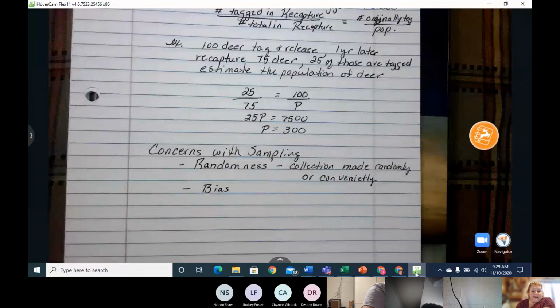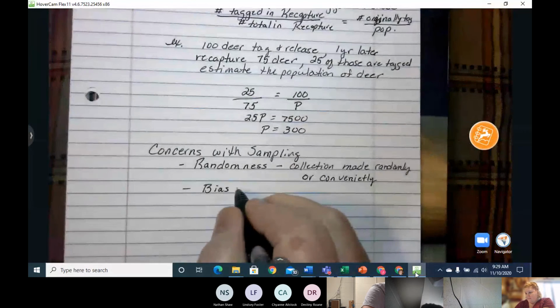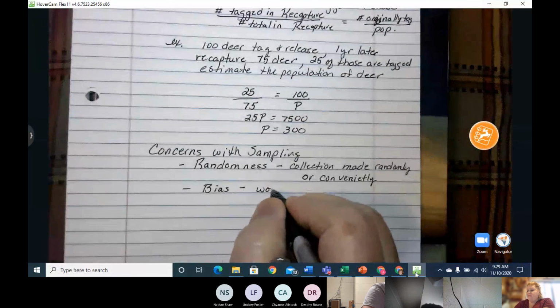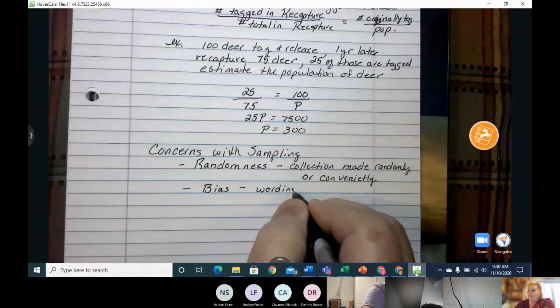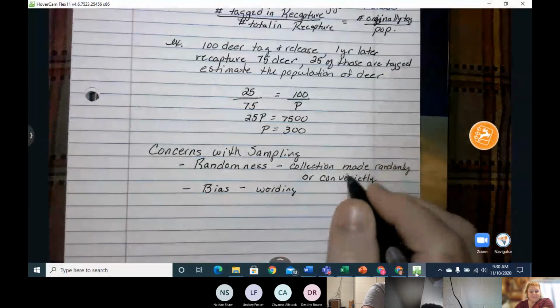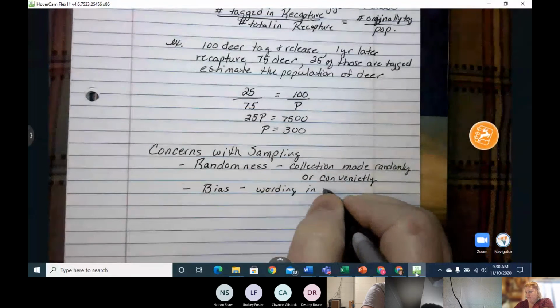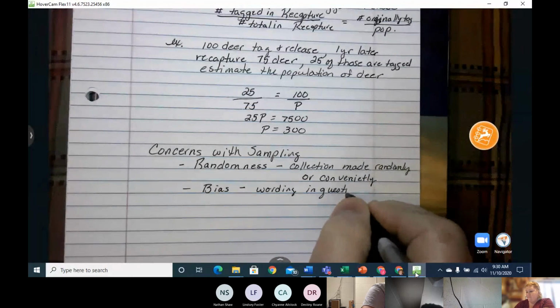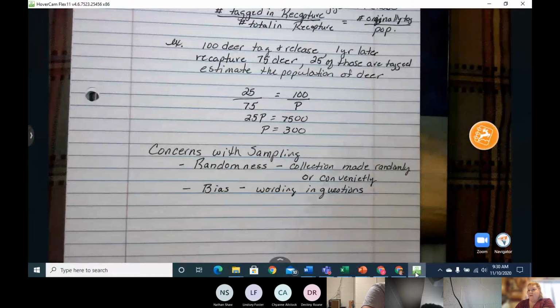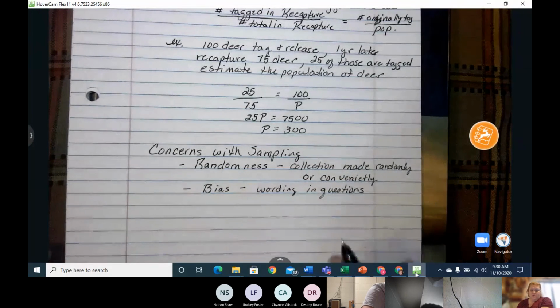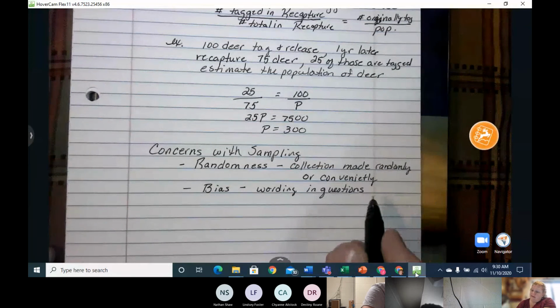The second concern about sampling is the bias. Bias can be in the wording of questions that you ask people. Bias can be in the way that you ask the question, your inflection in how you ask. There can be bias in where you collect the data.